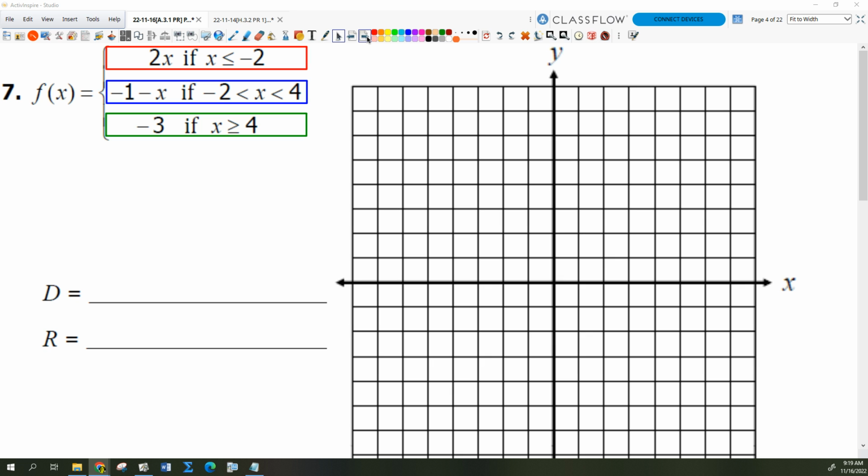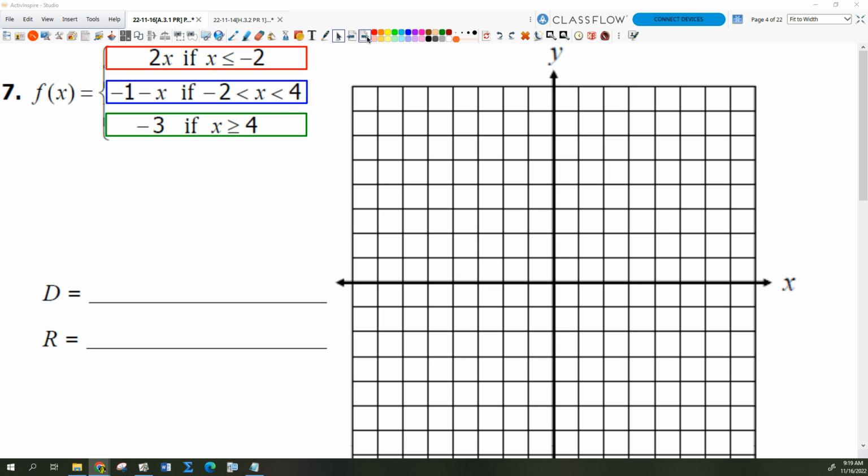Let's take a look at just the top one for a second, just the red piece of the piecewise function. Each piece comes with two parts. The first part is the function that we're graphing. The red function is the function y equals 2x, just a line. The second part is the domain, which is telling us where that red function lives.